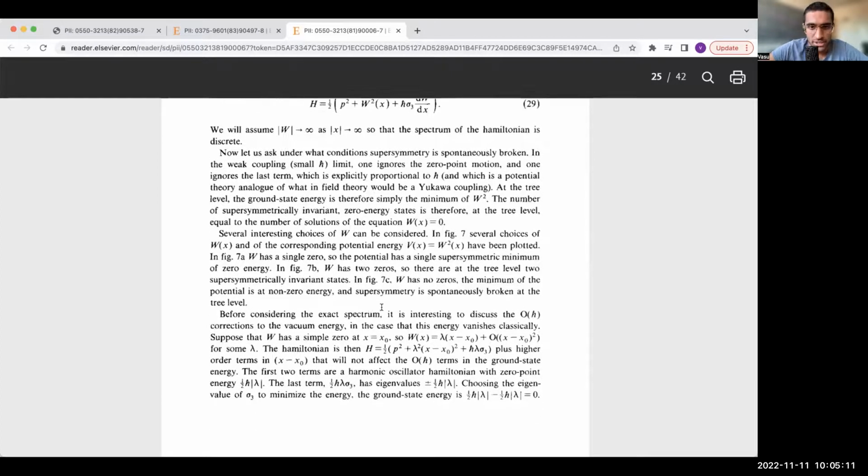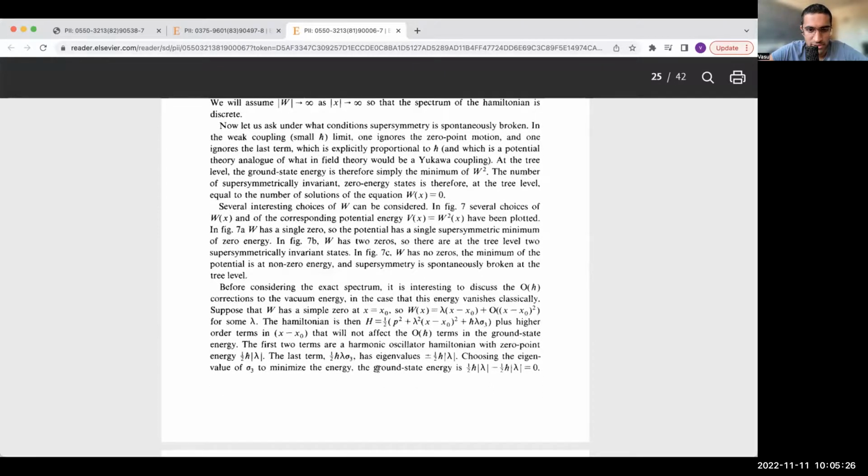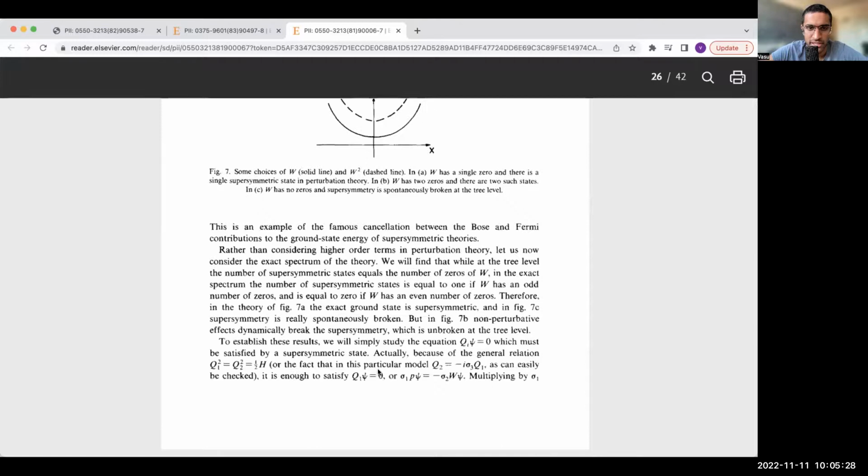Here, there's a passage where Witten considers the situation where we just look at order h bar corrections to the vacuum energy. And there's basically a sense in which there's a protection of the ground state energy under radiative corrections, which is very similar to the general supersymmetric protection that observables in field theories enjoy.